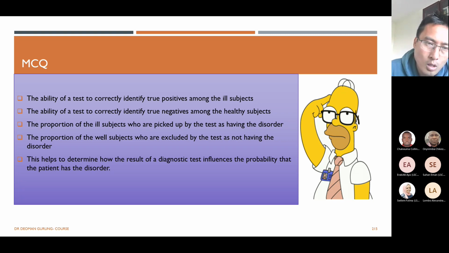The proportion of the ill subjects who are picked up by the test as having the disorder. Positive predictive value. The fourth I don't think I have to do because it's just the opposite of that. This helps to determine how the result of a diagnostic test influences the probability that the patient has the disorder. Likelihood ratio. If you see any probability, it is likelihood ratio.